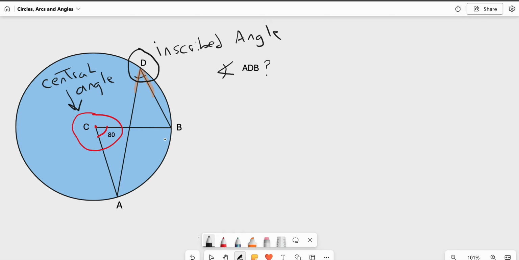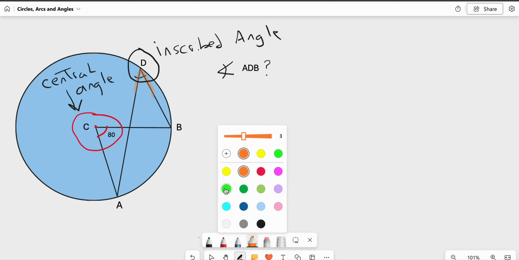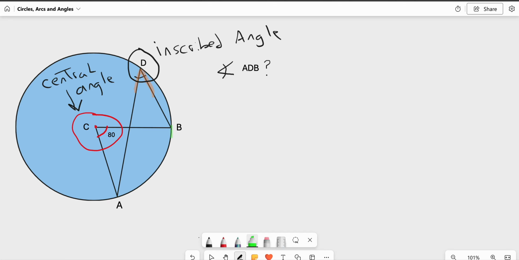Now, notice this. Both angles are intercepting the same arc. This green arc is common to both angles.